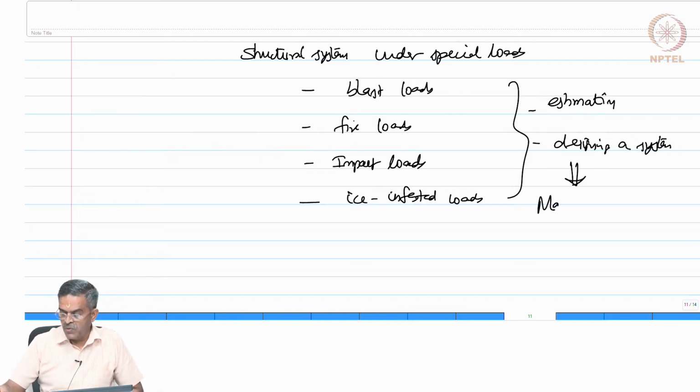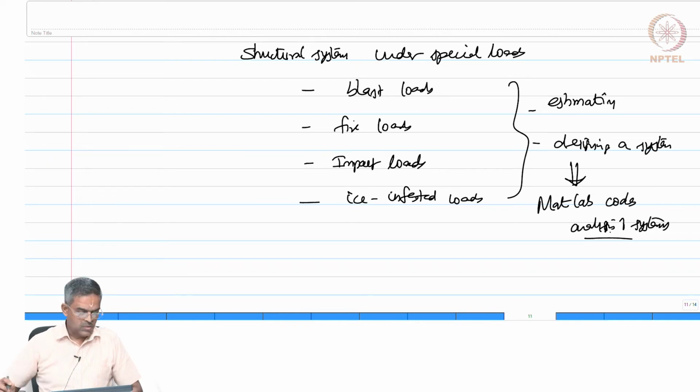We will also give you the MATLAB codes for doing the analysis of systems subjected to these loads.